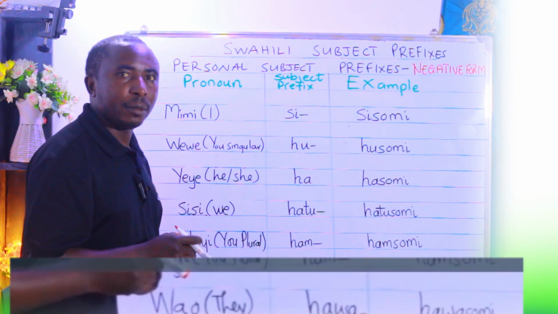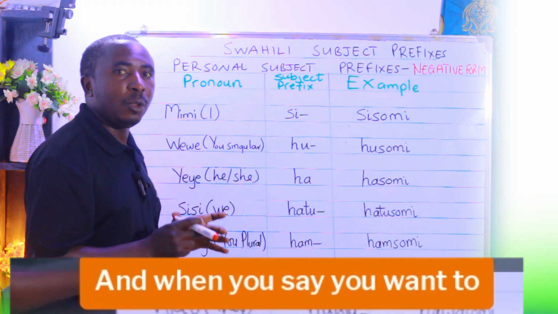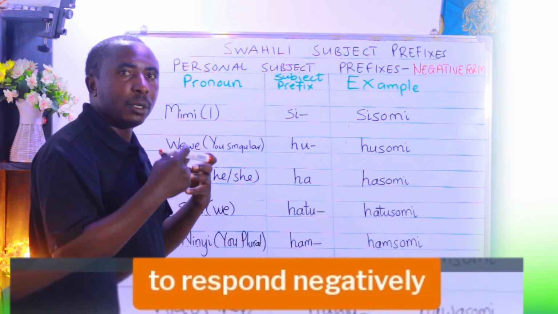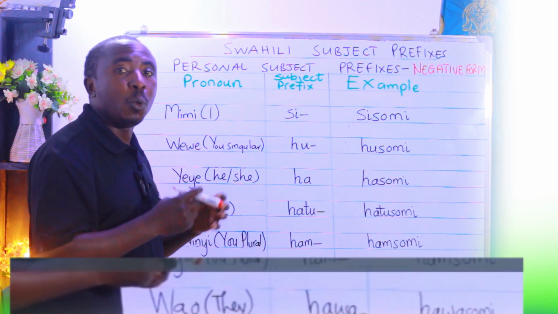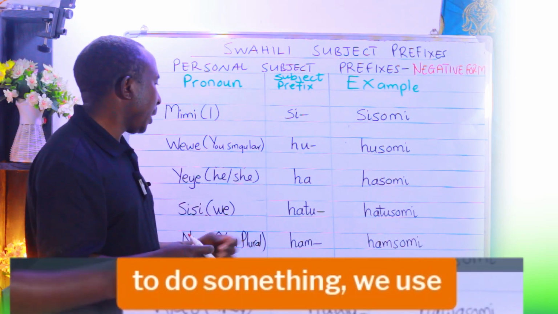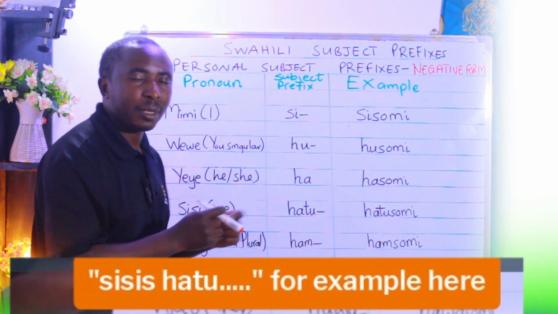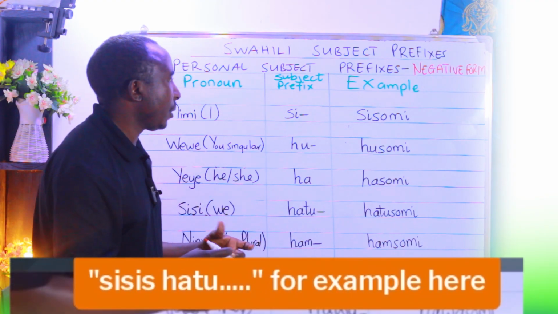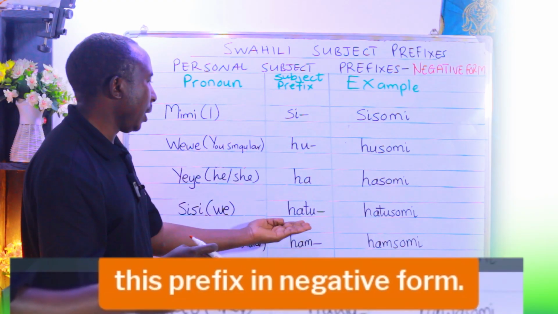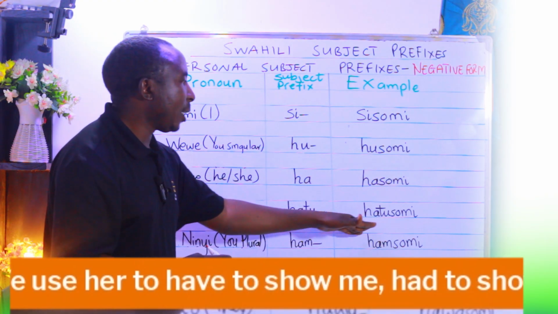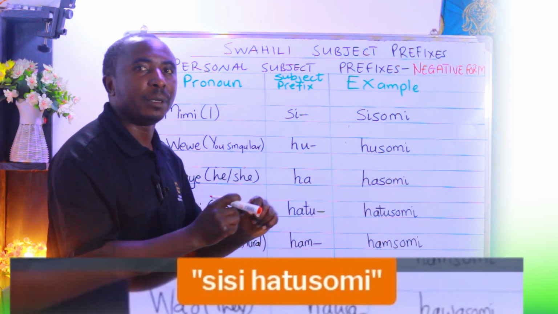And when you want to respond negatively to do something, we use hatu. Sisi hatu. Example here. This prefix in negative form we use hatu. Hatusomi. Sisi hatusomi.